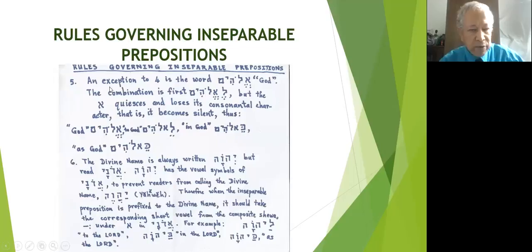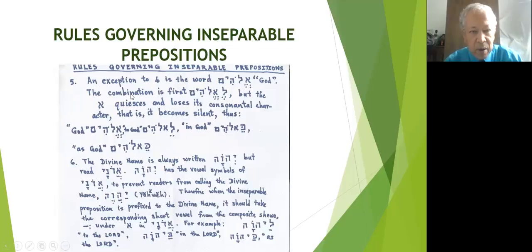Rule number 5. An exception to 4 is the word Elohim, God. We're dealing now again, Brother Solin, with quiescent letters. An exception to number 4 is the word Elohim, God.